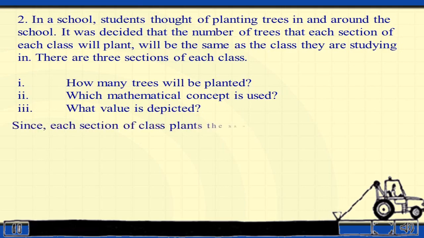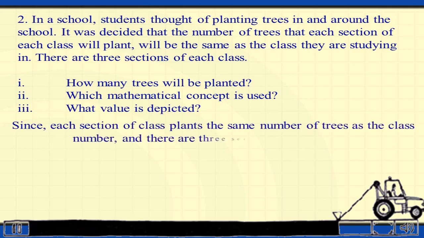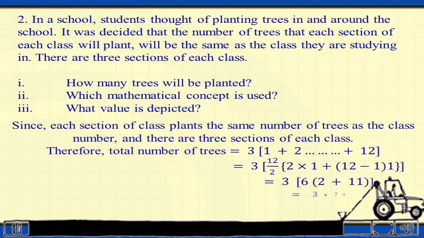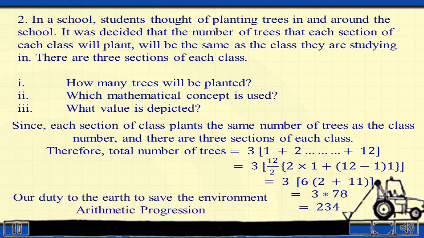Since each section of class plants the same number of trees as the class number, and there are 3 sections of each class, therefore, total number of trees equals 3 into 1 plus 2 plus up to 12, which equals 234. The value depicted is our duty to the earth to save the environment, and the concept used is arithmetic progression.